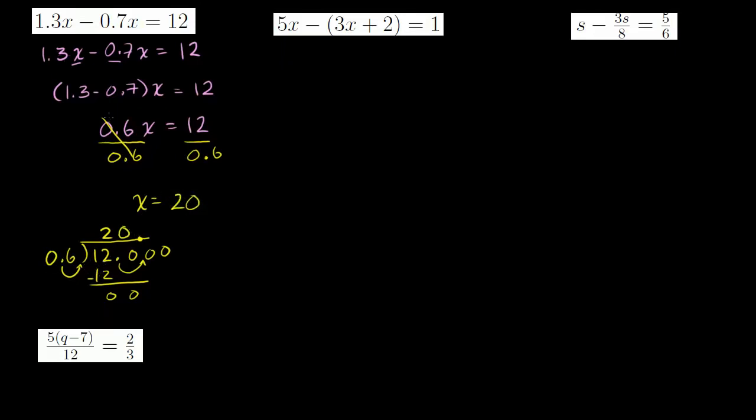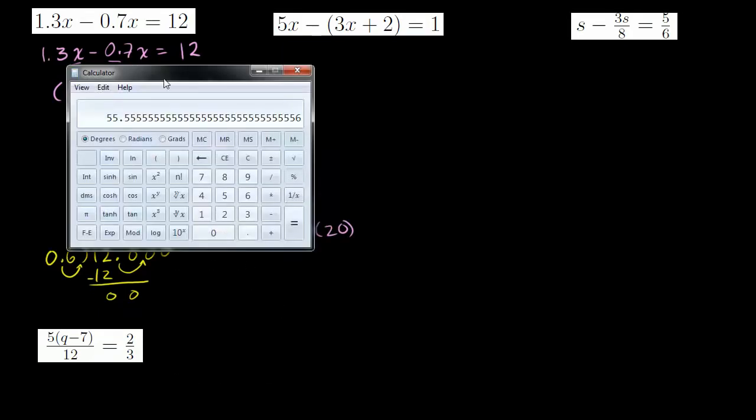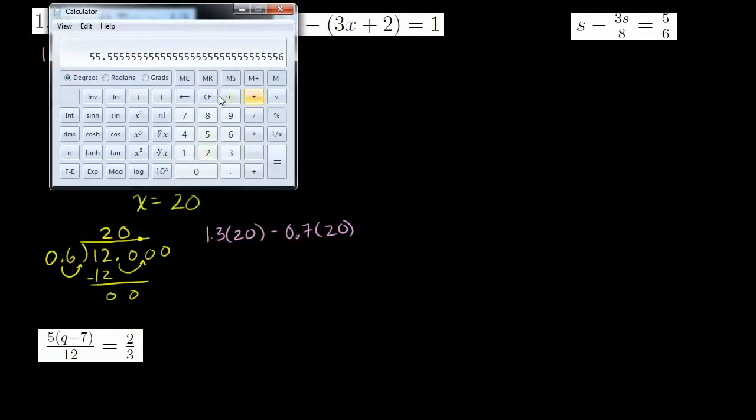And we can verify this. Let's substitute back: 1.3 times 20 minus 0.7 times 20. Let's verify that that is equal to 12. So I'll take the calculator out just so you don't have to trust my math. 1.3 times 20 is equal to 26.